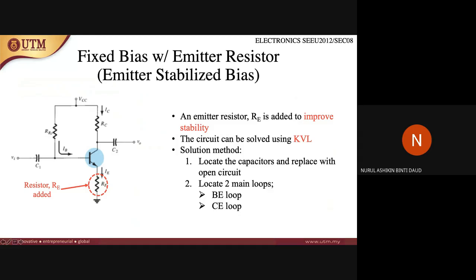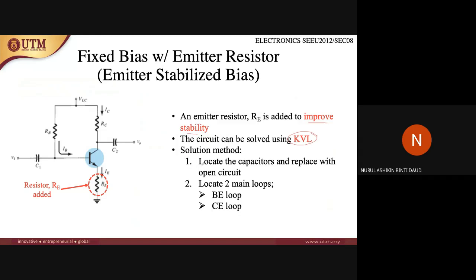RB is the resistor at base, and RC is the resistor at collector. So an emitter resistor RE is added to improve the stability. This circuit can be solved using KVL, Kirchhoff voltage law, same as before. So to solve this kind of circuit, the method is the same.